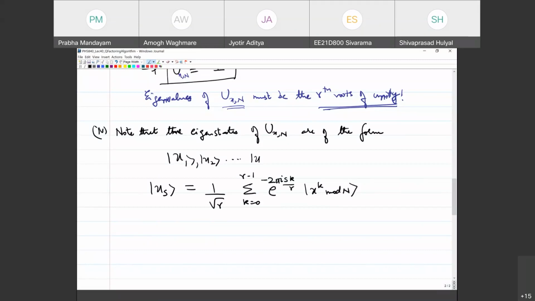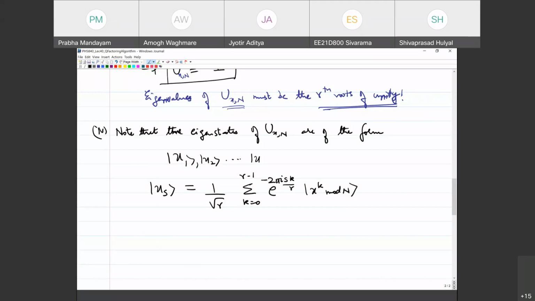So how many distinct eigenstates do we have? So I can have s is 0, 1, 2, 3, etc., up to r minus 1.